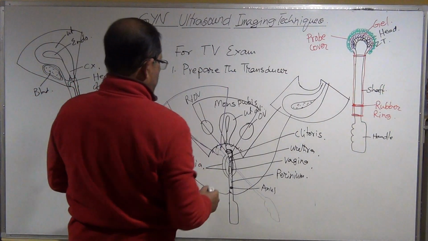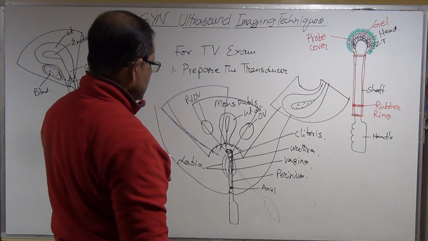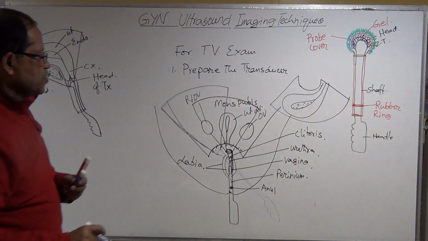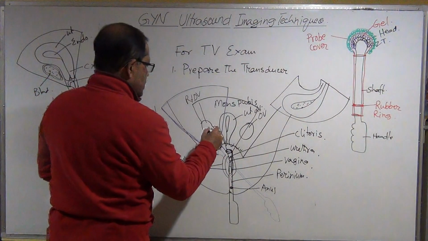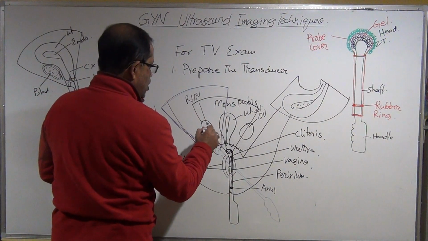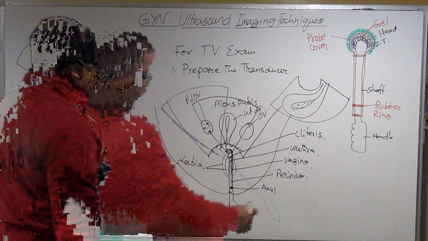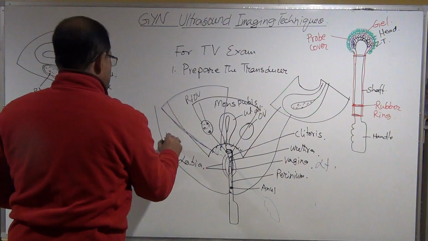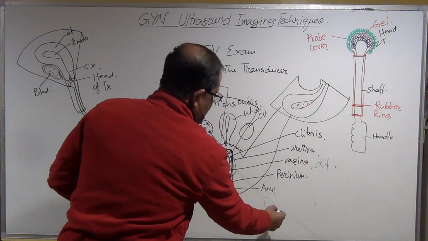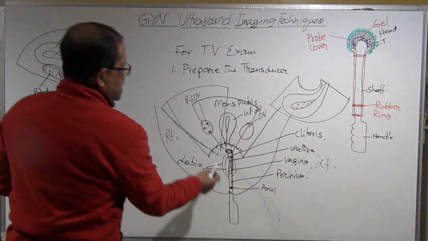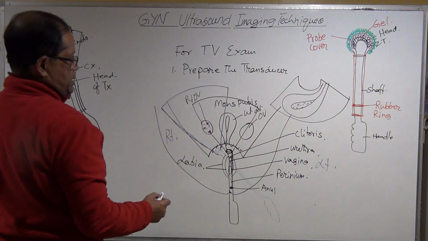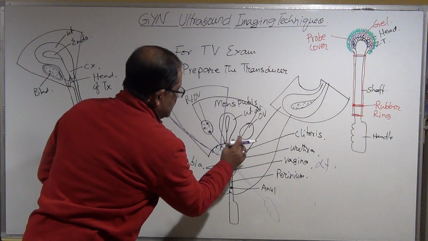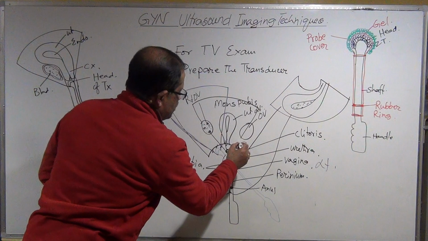This is the right ovary. You need to see the right ovary. Look at the handle of the transducer. Where is it? This is the patient's left side and this is the patient's right side. The handle is to the left side in order to see the right ovary, and the same way for the left ovary.